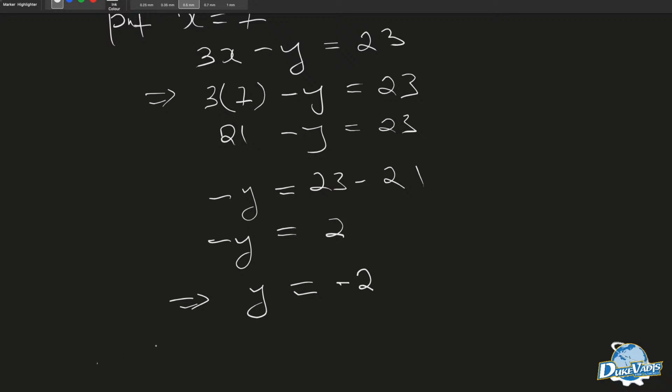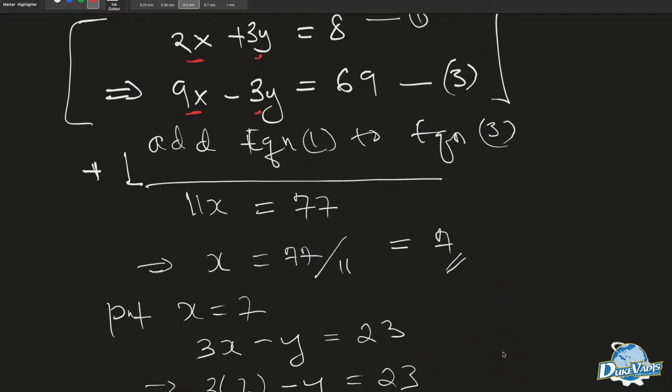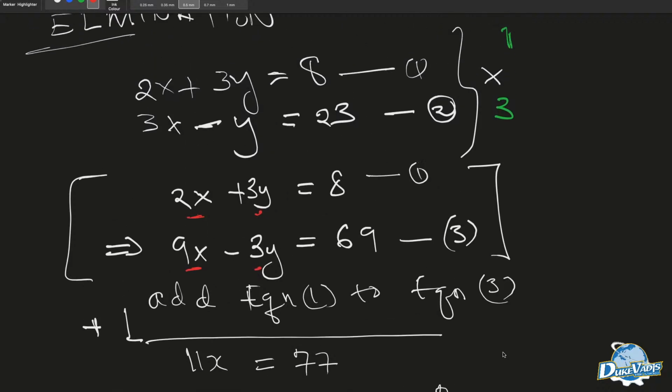So you realize that the value for x, as we got it, is 7, and the value for y is negative 2. These are the answers for using the elimination method. As you can see, all we did was multiply the first equation by 2 and the second equation by 3.